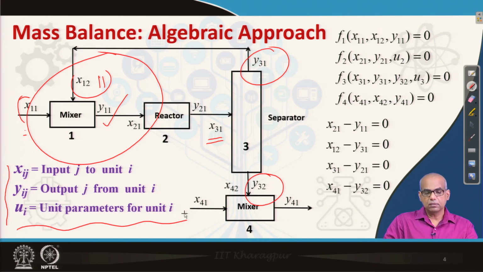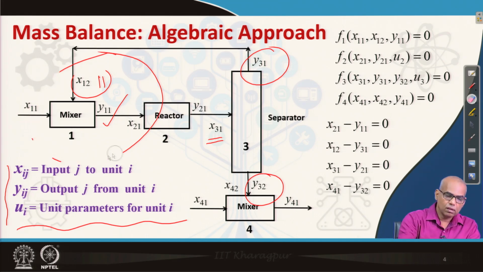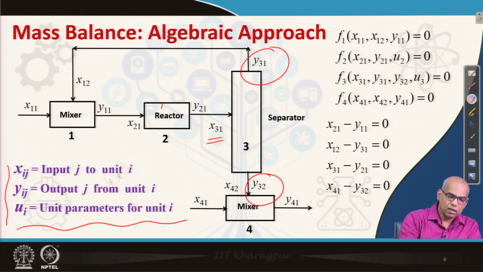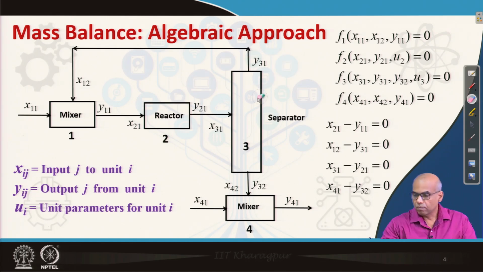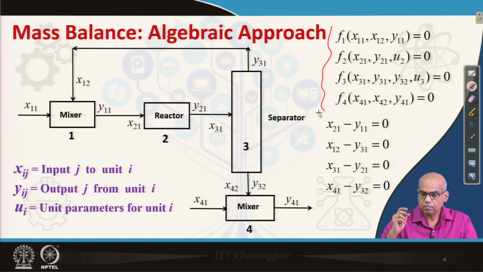For example, the reactor and separator may have certain unit parameters associated with them. So, the mass balance equation or energy balance equation can be written around each unit, and they will be functions of these inputs, outputs and unit parameters.